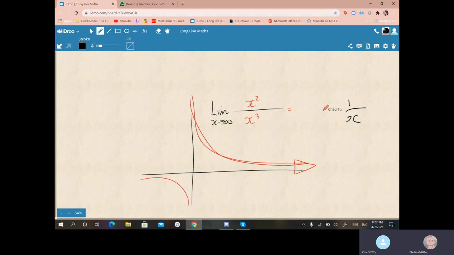Okay. What about this, Chelsea? What about this? To the power of 5 down here. I'm going to change this to x to the power of 3 over x to the power of 5. What's the limit as x heads towards infinity?